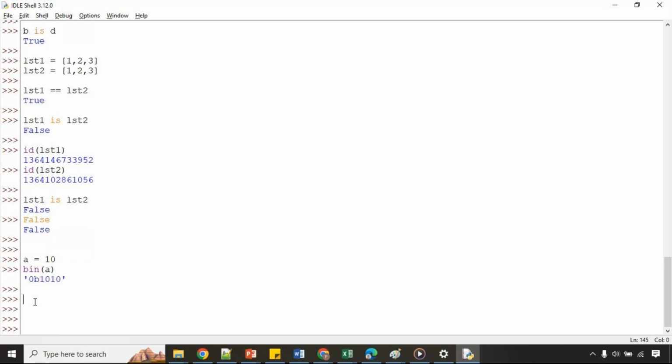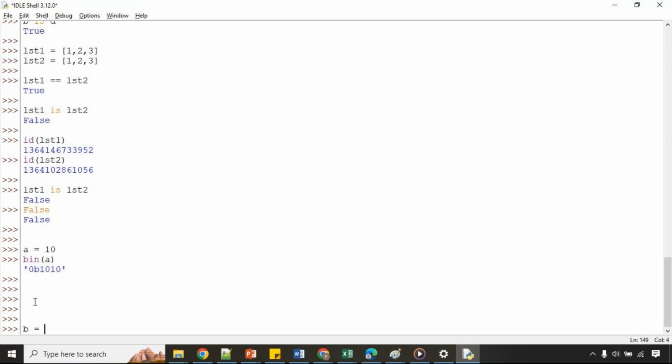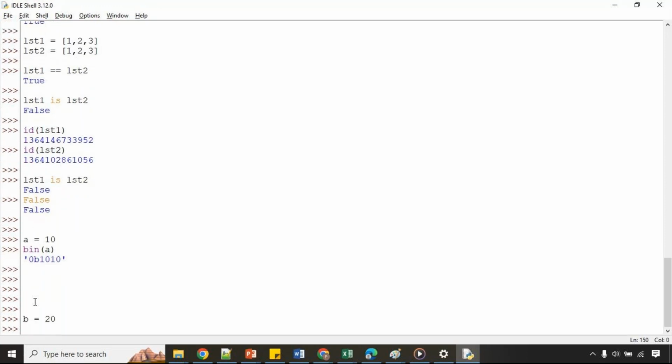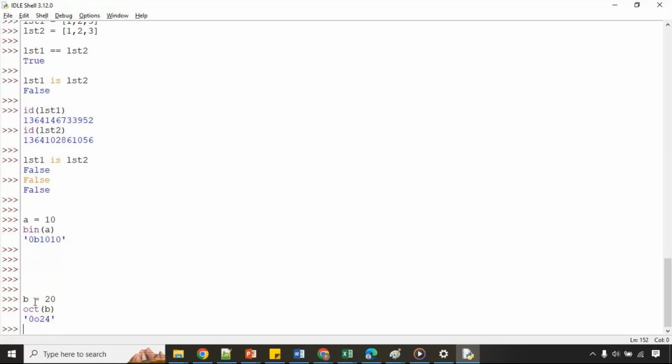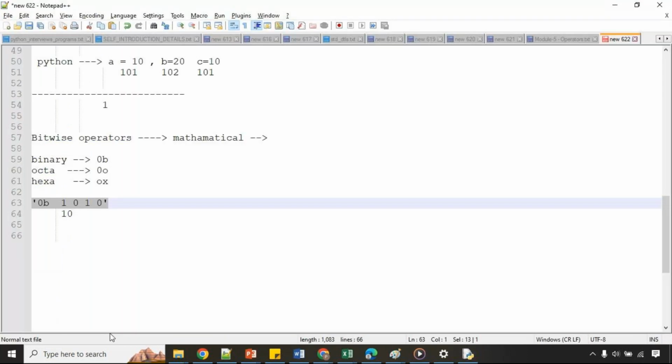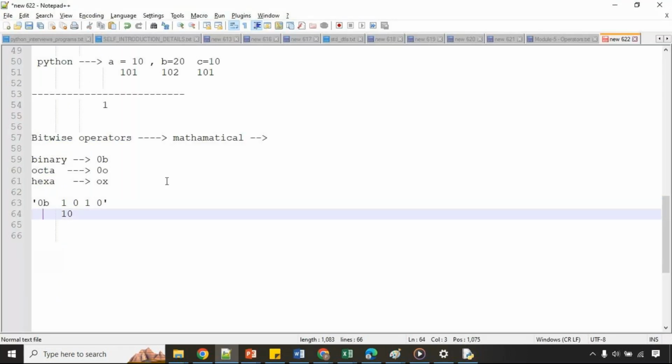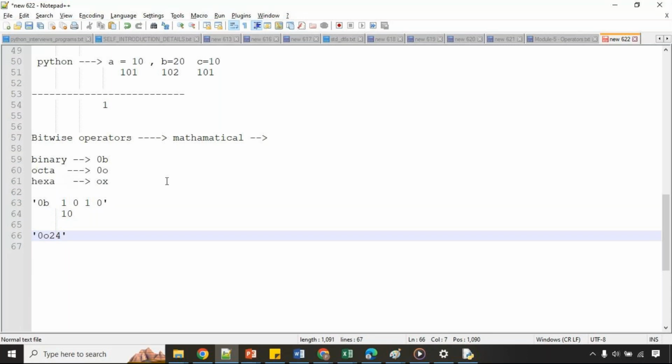Next we have octal numbers. b equal to 20. oct of b. This is the octadecimal.